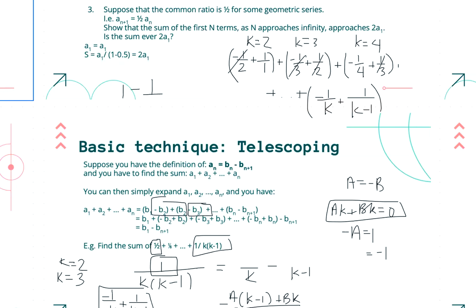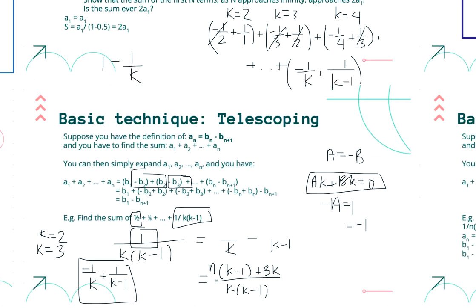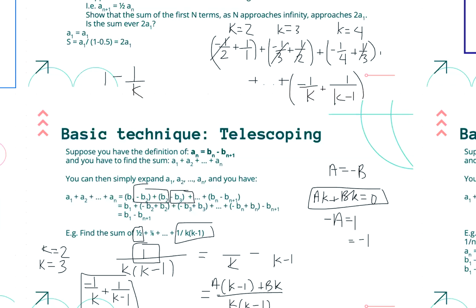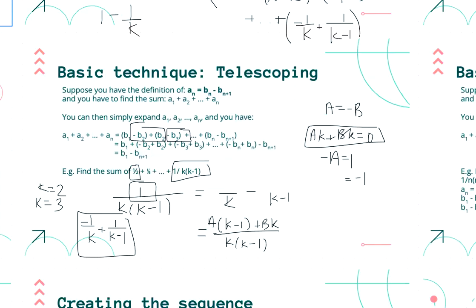So now we have successfully telescoped, and to find the sum, we only have to do 1 minus 1/k at the very end of the day. So hopefully that makes sense. Telescoping, I think, is a pretty big step up, because we also have to do the partial fractions, but hopefully that makes sense.